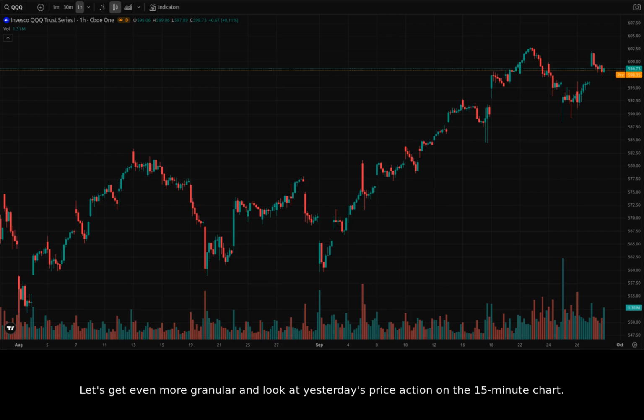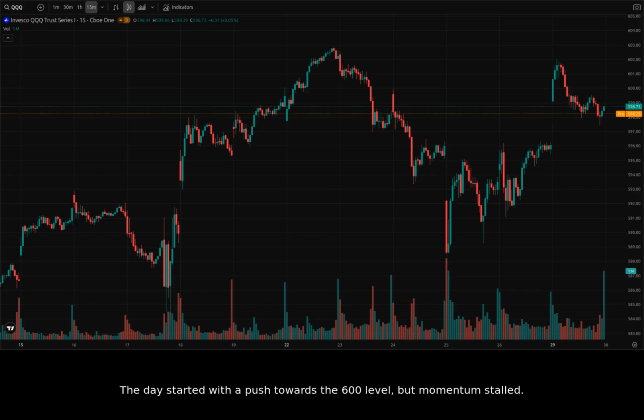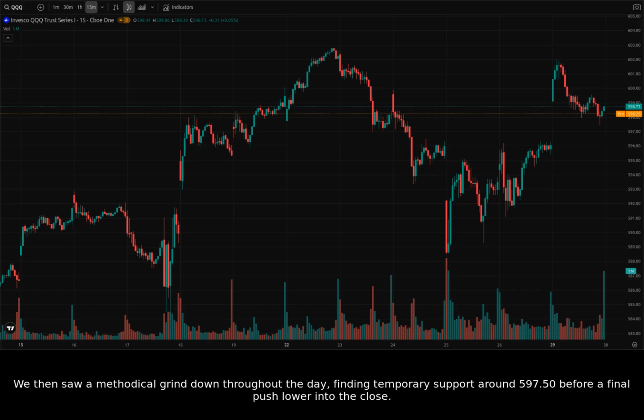Let's get even more granular and look at yesterday's price action on the 15-minute chart. Looking at the 15-minute chart from yesterday, September 29th, we can observe the intraday battle between buyers and sellers. The day started with a push towards the 600 level, but momentum stalled. We then saw a methodical grind down throughout the day, finding temporary support around 597.50 before a final push lower into the close.